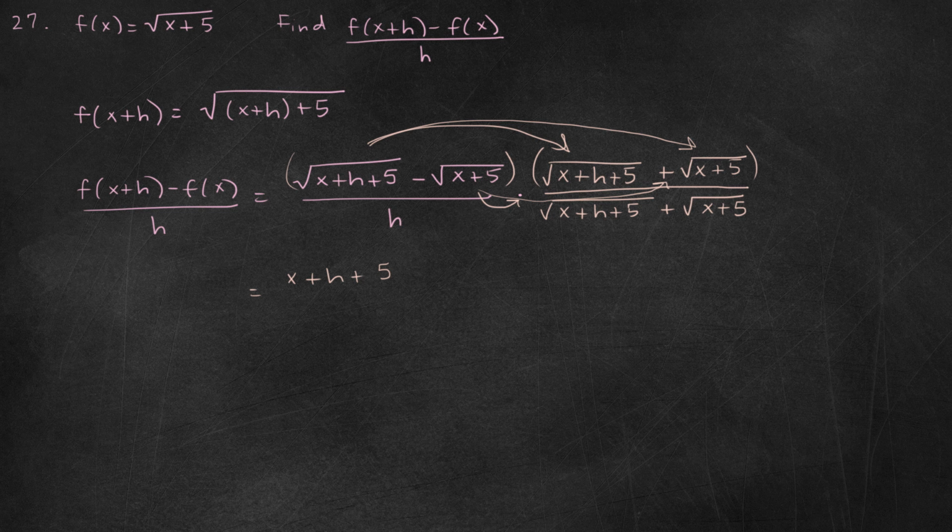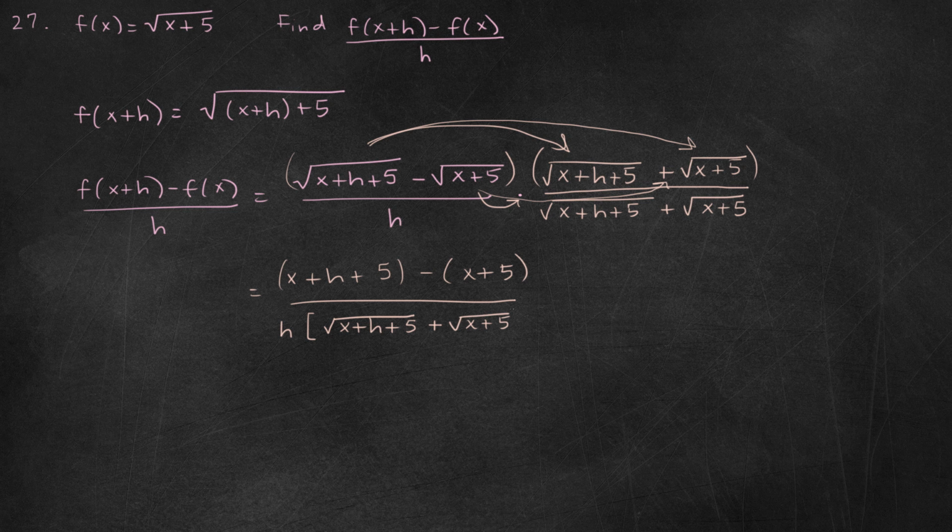The outside product and the inside product match, except one is positive and one is negative, so they cancel out. Minus, and then last times last, we're multiplying square root of x plus 5 times square root of x plus 5, so we just get x plus 5 over h times the quantity, square root x plus h plus 5 plus square root x plus 5.